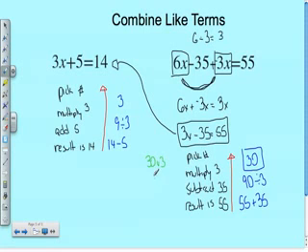We're going to work in the opposite direction, and we will have 55. The opposite of subtracting is adding, so we add 35. I know that 55 and 35 is 90. The opposite of multiply is to divide, so we'll divide by 3, and our number is 30.